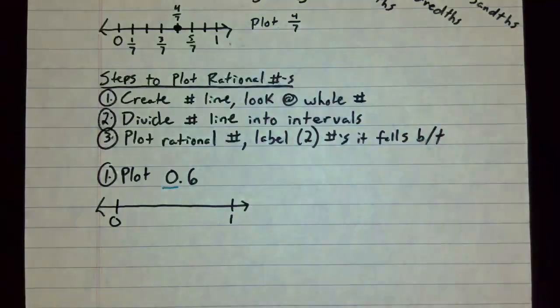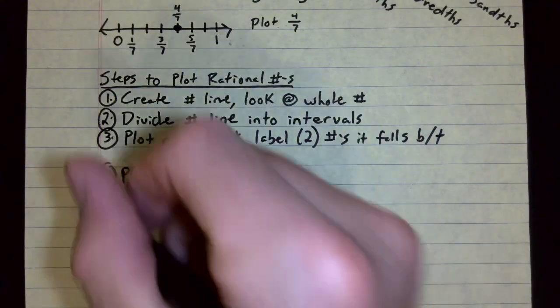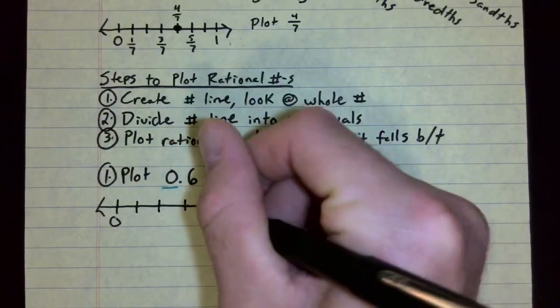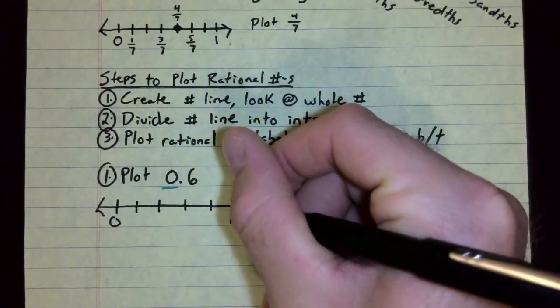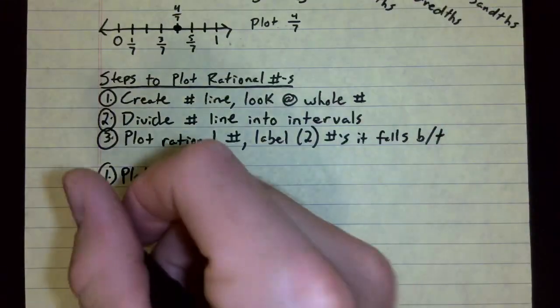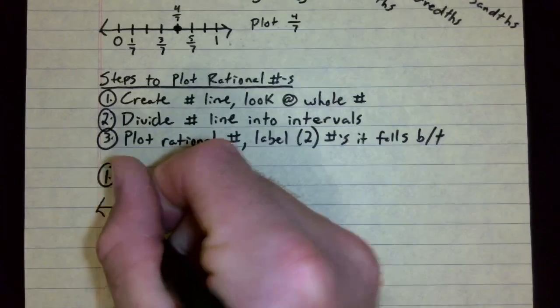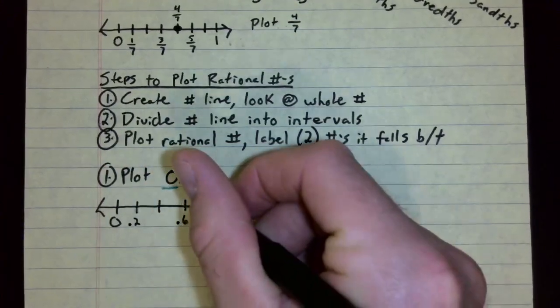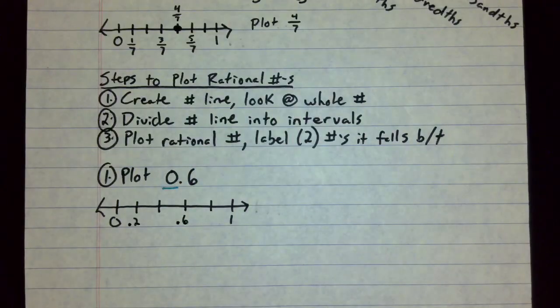Now 6/10, that's pretty simple to get to. We'll just go up by 2/10 at a time. 0 and 2/10, 4/10, 6/10, 8/10, and 10/10, or 1 is equivalent to each other. So we have 0 and 2/10, 0 and 4/10, 0 and 6/10, 0 and 8/10, and 1.